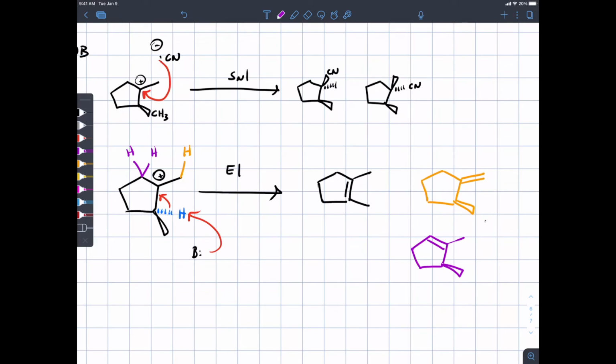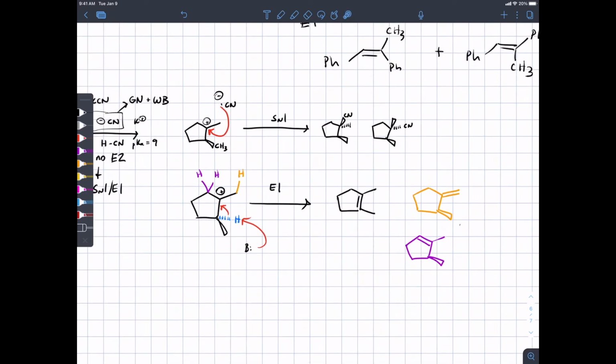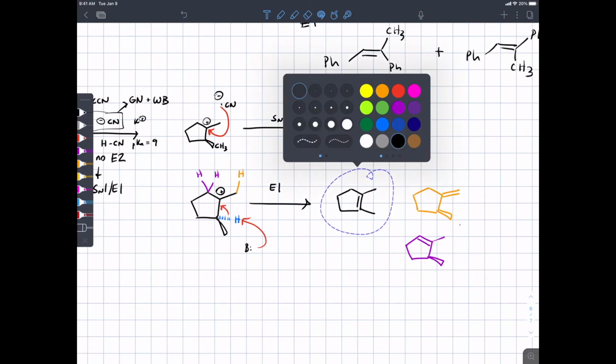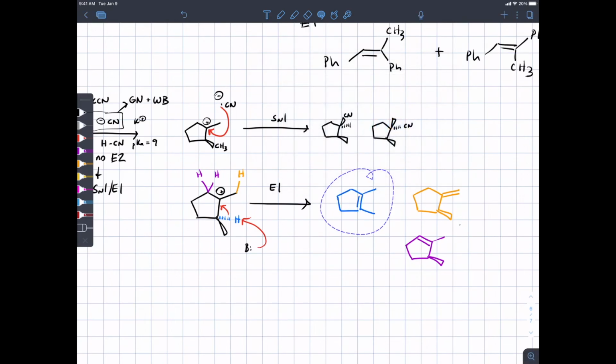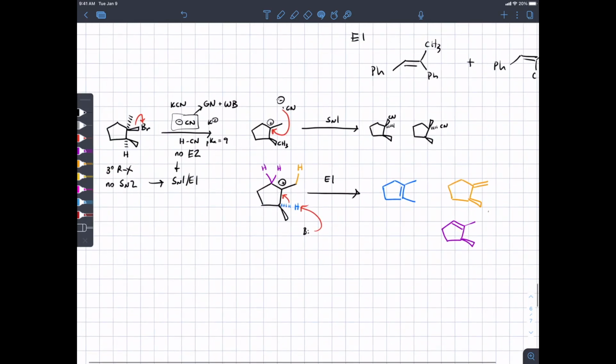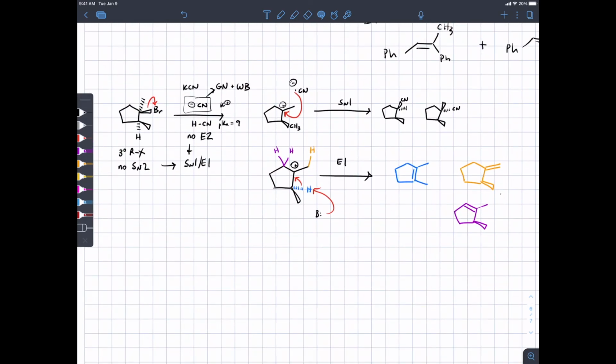In any case, I would not ask you to tell me whether SN1 products dominated over E1 products. Though, if I asked you among the E1 products, which is the major one, which would you pick? The black one, which should have been blue. How about them apples, huh? Change the color. Okay, good.